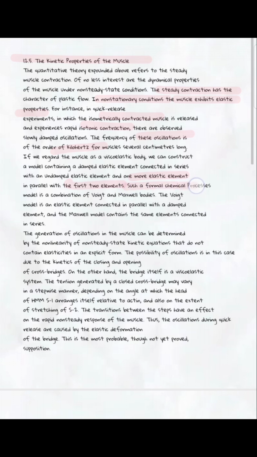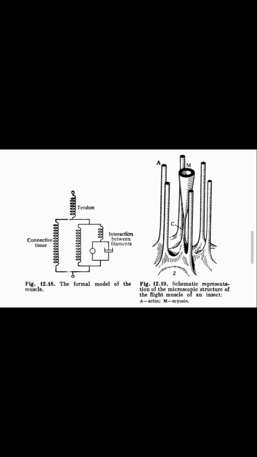Such a formal model is a combination of Voigt and Maxwell bodies. The Voigt model is an elastic element connected in parallel with a damped element, and the Maxwell model contains the same elements connected in series. This is the diagram of the kinetic properties of the muscle.